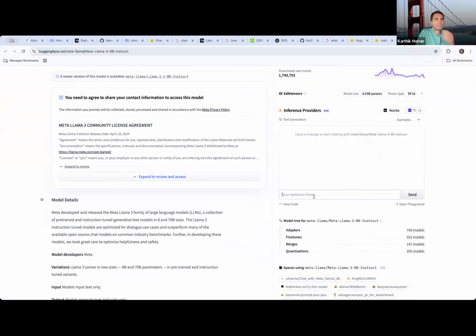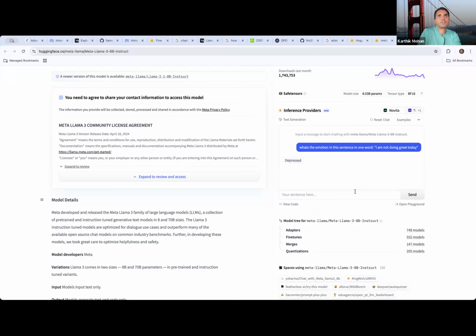And you can type in a sentence here like, what's the emotion in the sentence in one word? I'm not doing it, depressed.